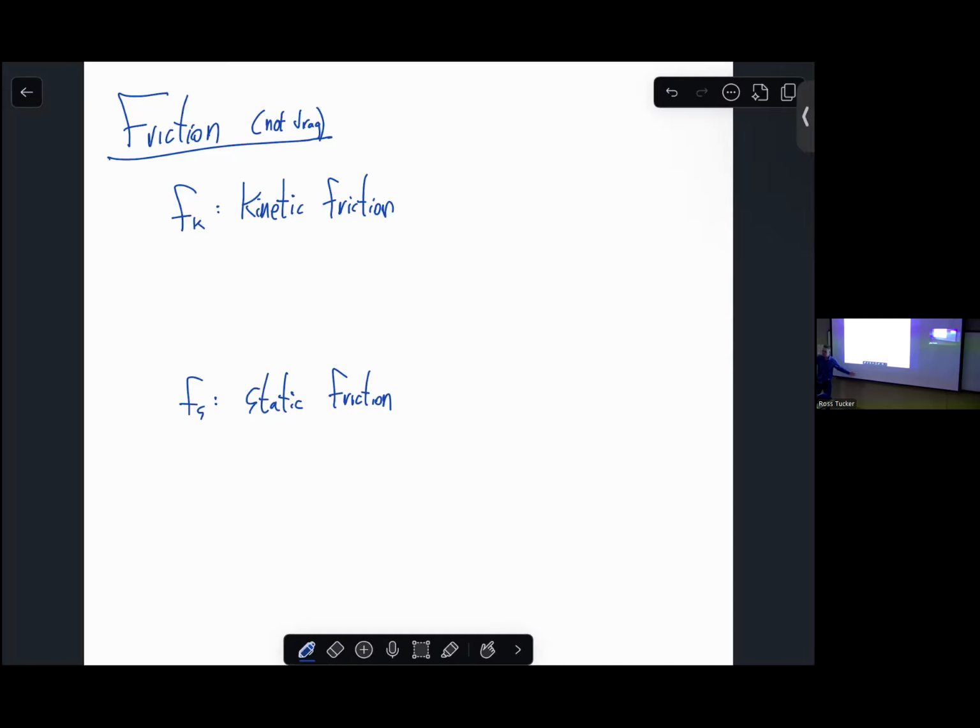Cine, kina, same root word. Kinematics, study of motion, science of motion. Kinetic, the kind of friction that involves moving. Static, what is stasis? What does it mean to be in stasis? Frozen, stuck. Static, not moving. Static electricity is electricity that does not flow till it zaps you. It's sitting there.